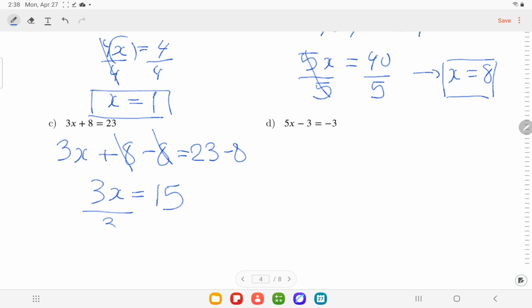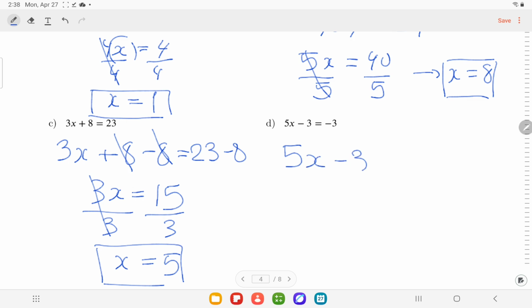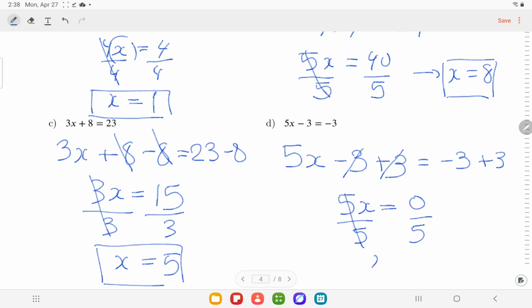And then divide by 3 to isolate x. And we end up with 5. And it's the same idea for D. We are going to add 3 to each side. And here we end up with 0 as our x.